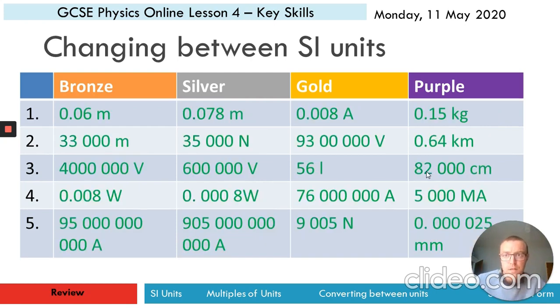Here we go. 0.06 meters, 33,000 meters, 4 million volts, 0.008 watts, 95 billion amps, or 95 followed by 9 zeros. 0.078 meters, okay, you can read the rest. Correct your work. I hope you did very well. I hope my explanation was good enough. If it wasn't good enough, I'll put some links in the bottom for places to go to get more help on unit conversions, okay?